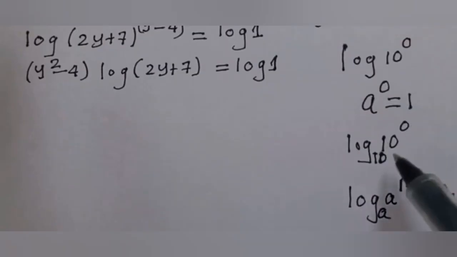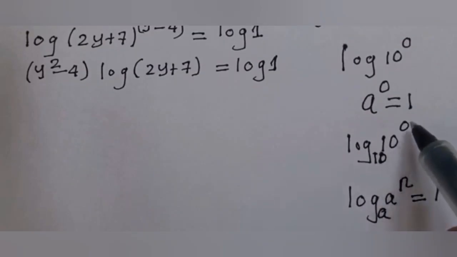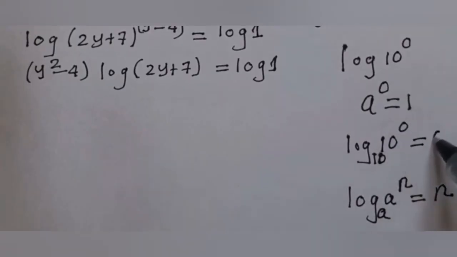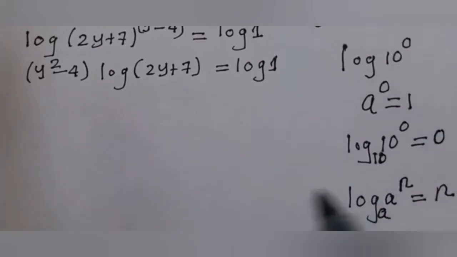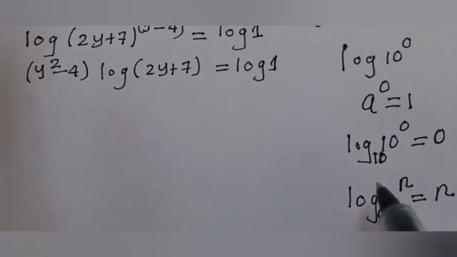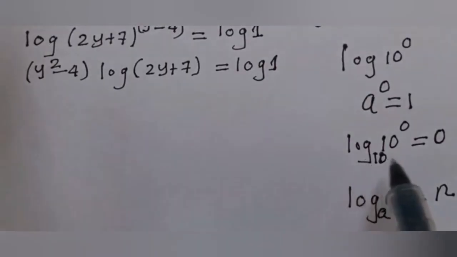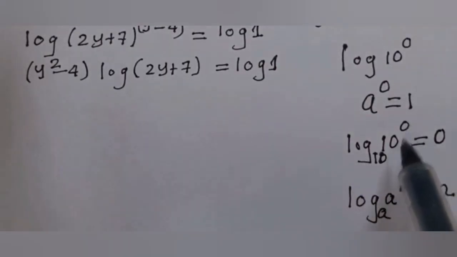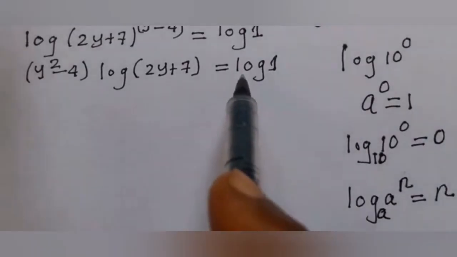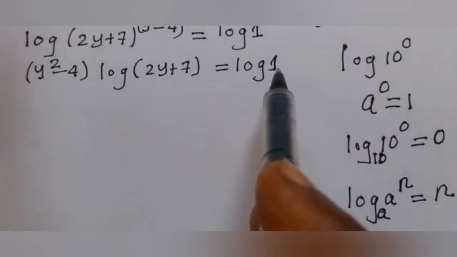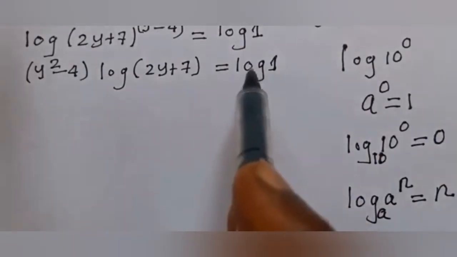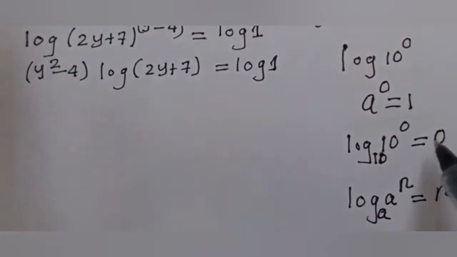So log 10 raised to 0 base 10 is equal to 0. As we have said, log 1 equals log 10 raised to 0 base 10, which is equal to 0. So instead of writing log 1, let us write 0.